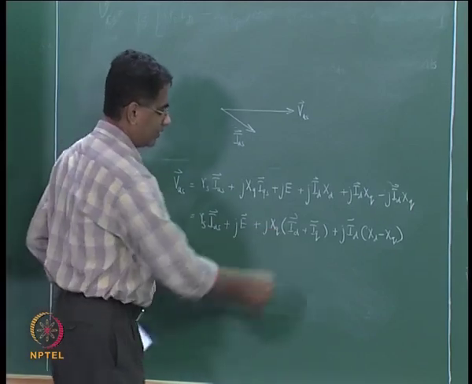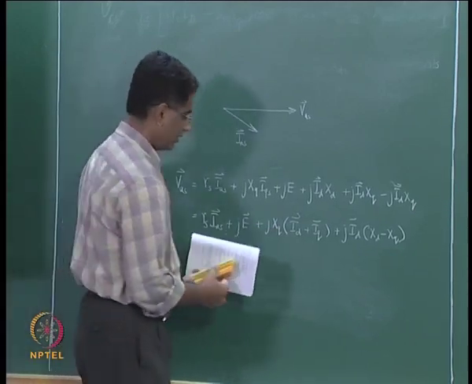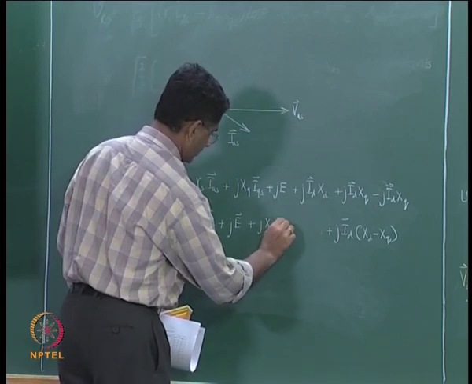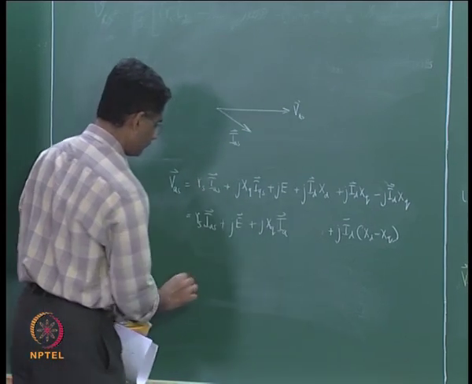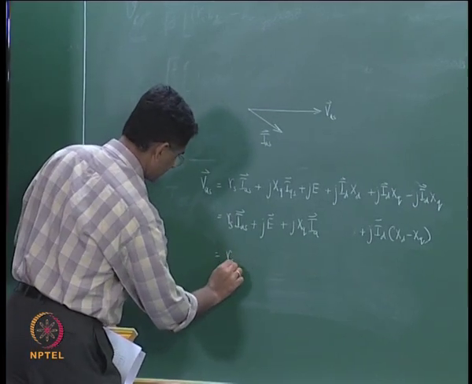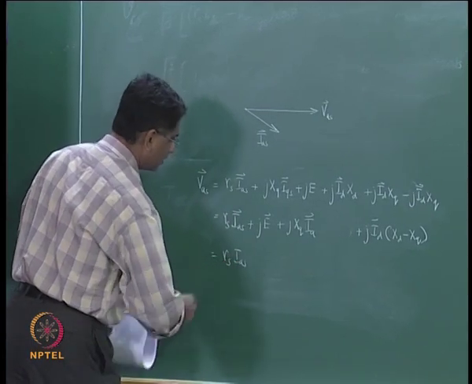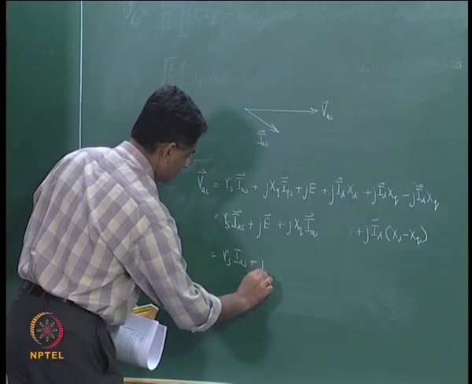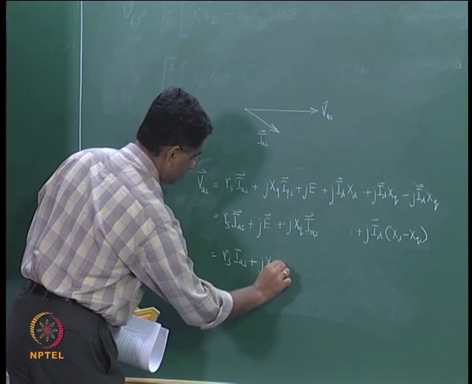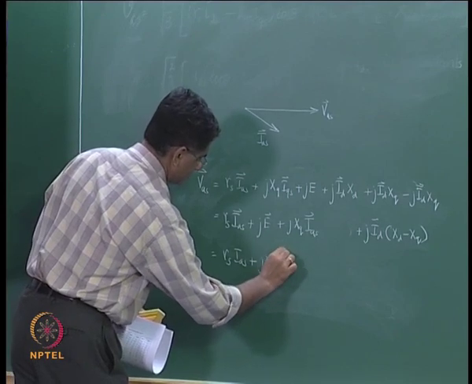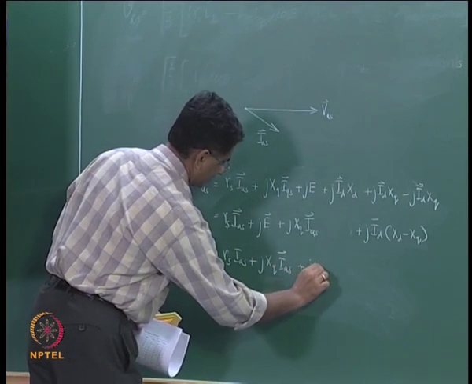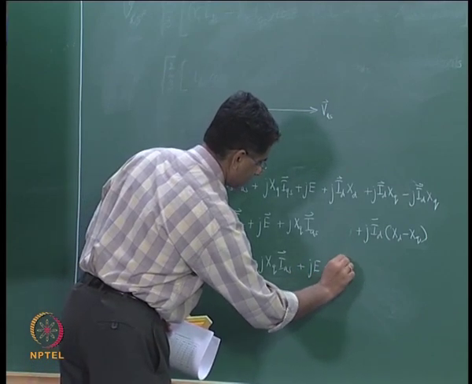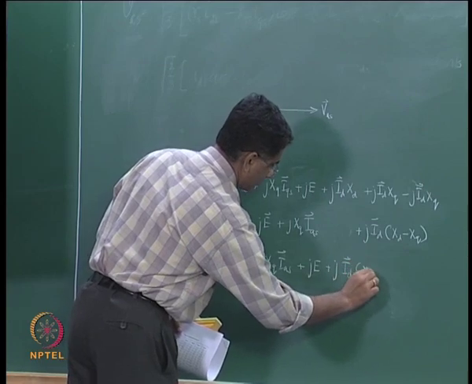Now, ID plus IQ is nothing but IA, and therefore we can write this as RS into IAS plus J times XQ into IAS plus J times E plus J times ID into XD minus XQ.